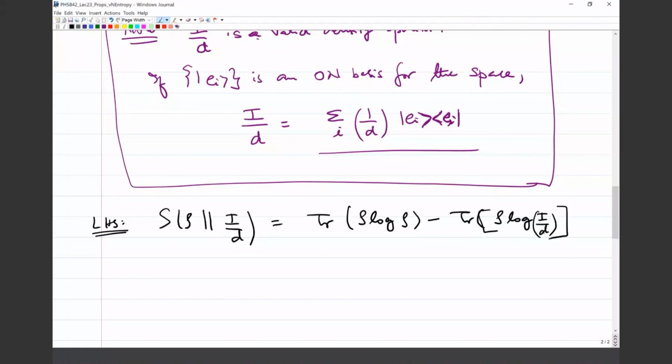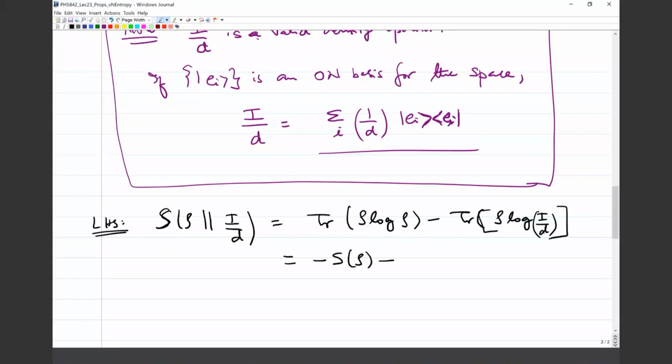Okay, so the first term is just trace rho log rho minus trace rho log sigma. Yeah. Was there a question? Somebody's raised hand.